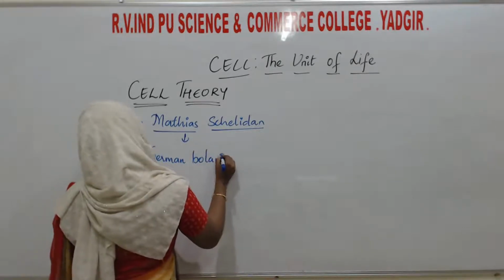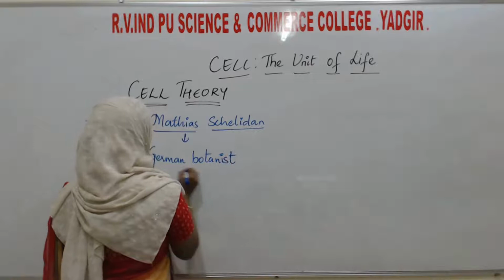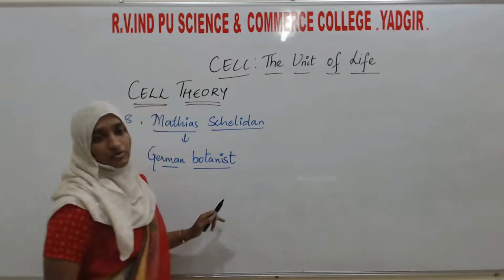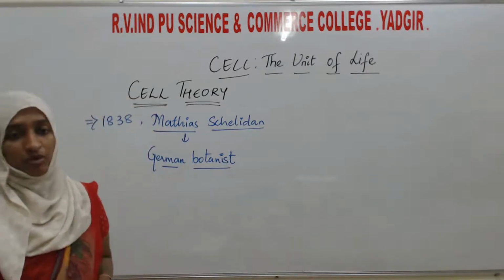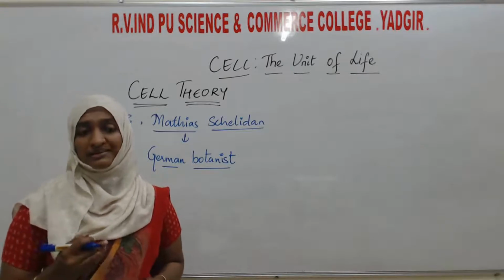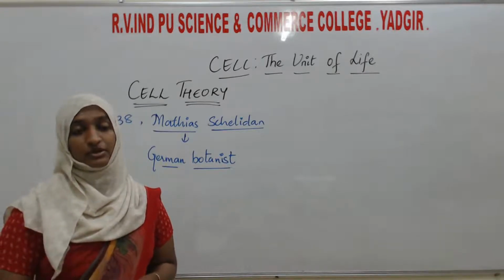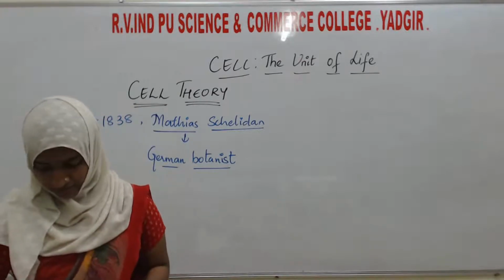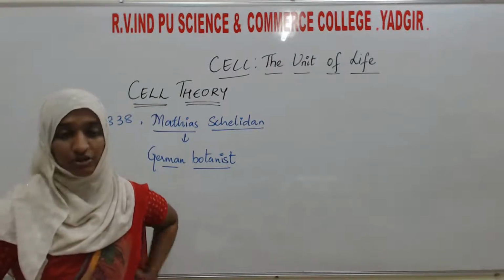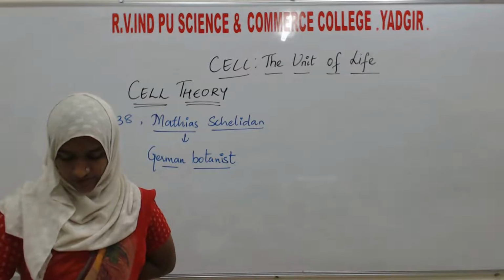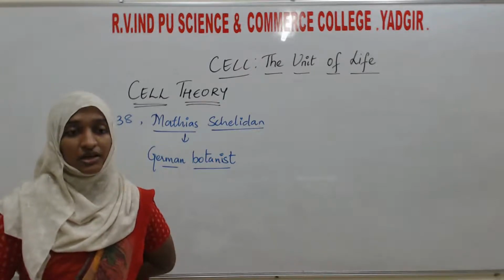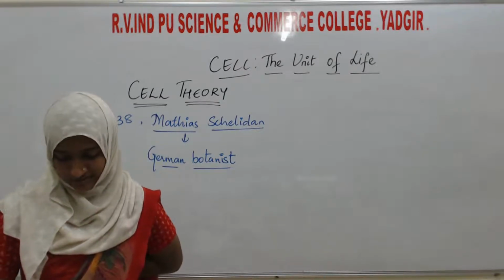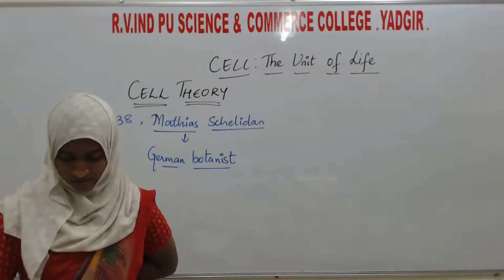Botanist means a specialization in the study of plants. This person belongs to Germany, that's why we call him a German botanist. He examined a large number of plants and observed that all plants are composed of different kinds of cells which form the tissues of the plant.